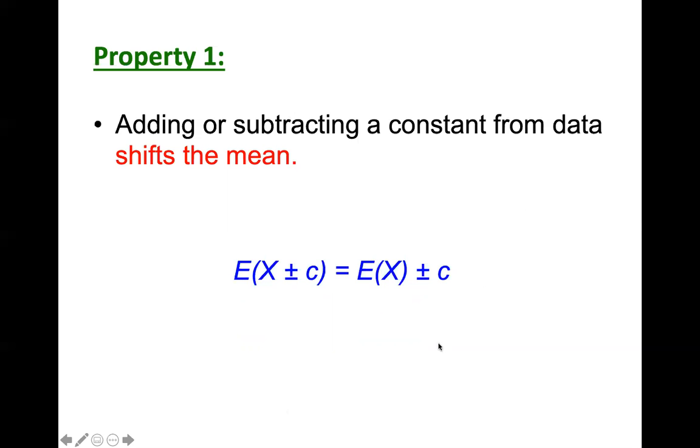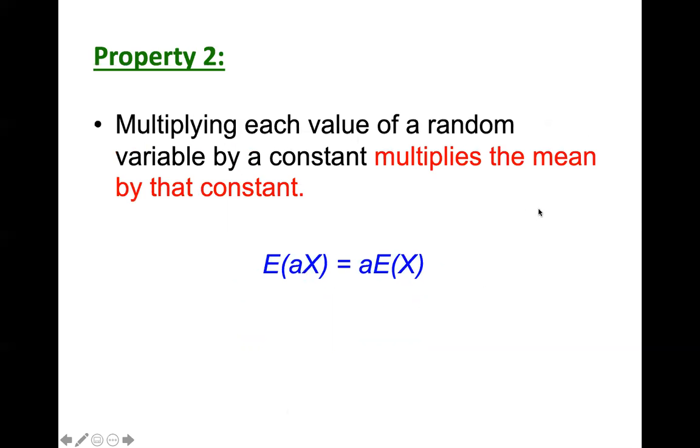Okay, pretty straightforward. The next one is if we multiply. If we multiply every data point by the same number, it also multiplies the mean by that same number. Okay, so again, if we multiply every value in our data set by the same number, the new mean will be the old mean times that same number.